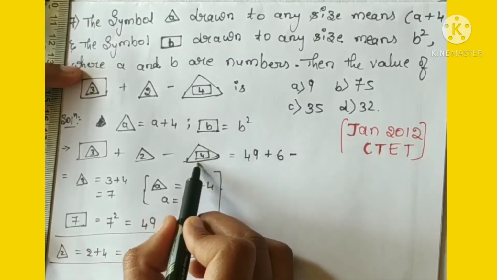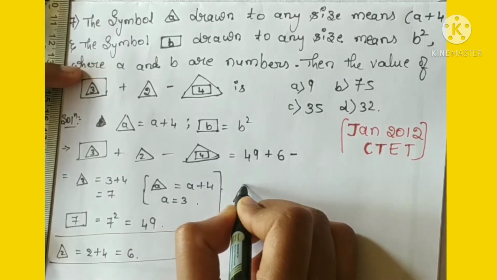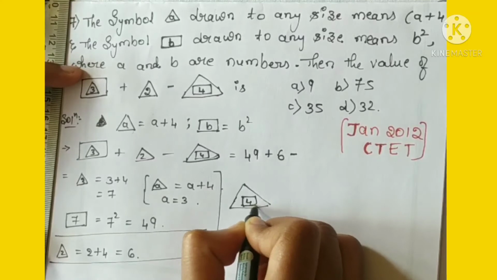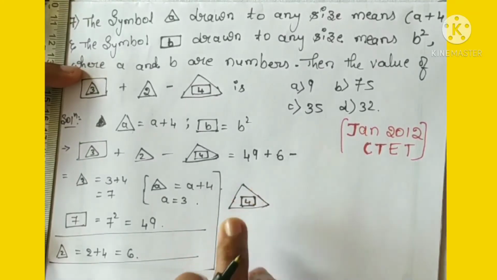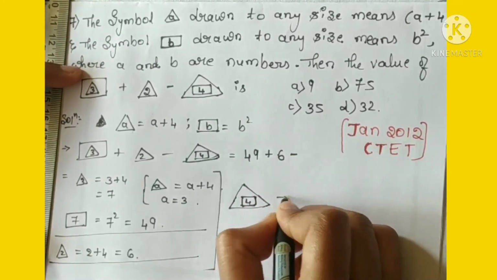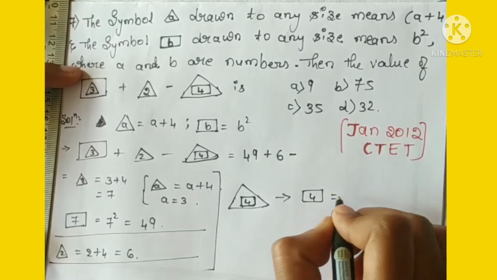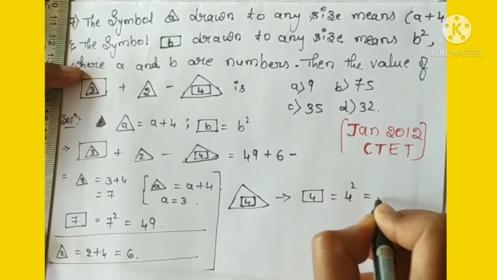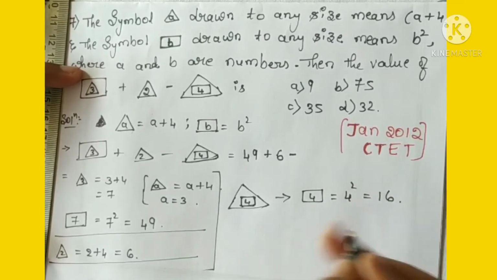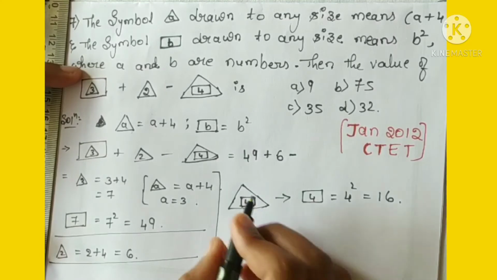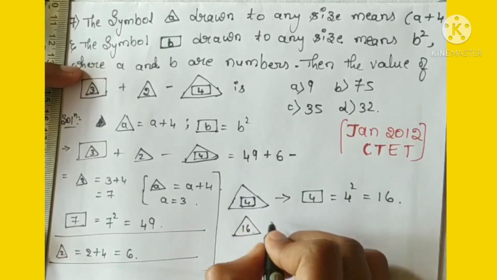Next the remaining term is this, that is triangle into 4. Okay, here we have to solve from inside. So I consider this rectangle 4, which is equal to, I just apply the rule, 4 square, which is equal to 16. Now I got the value of this rectangle 4 as 16. So 16 write as it is.